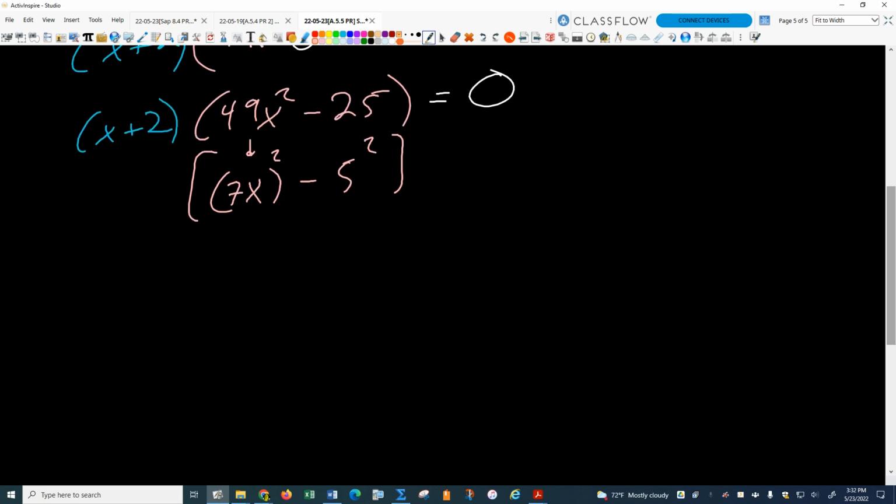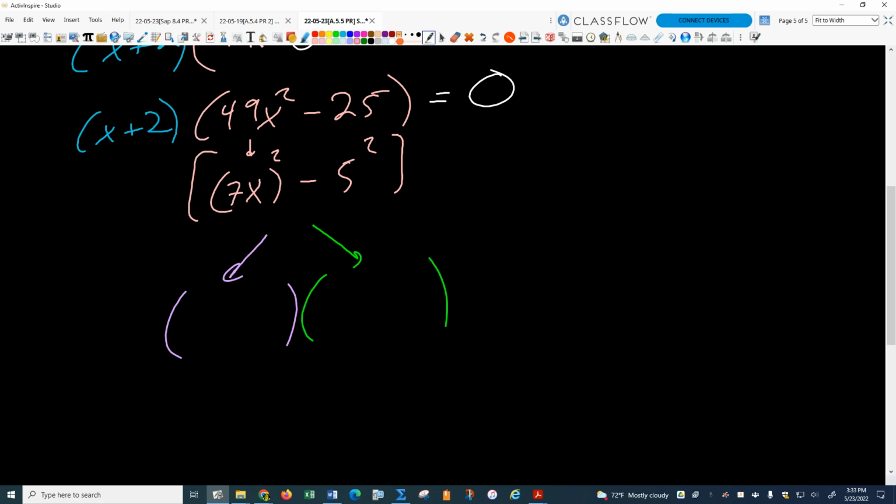And so my difference of squares pattern then is going to give me what? 7x quantity squared minus 5 squared factors into what?